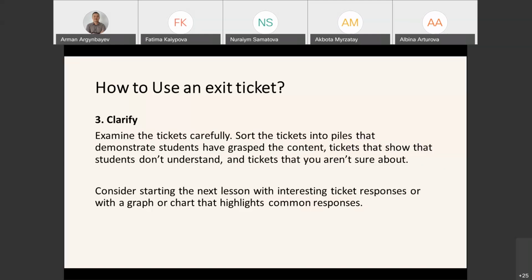There might be different criteria, like the most interesting piles, for example. And then you might start the next lesson with interesting ticket responses, like for example, because, and you say why.